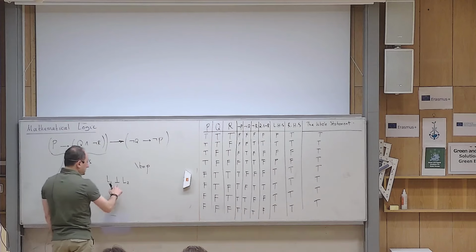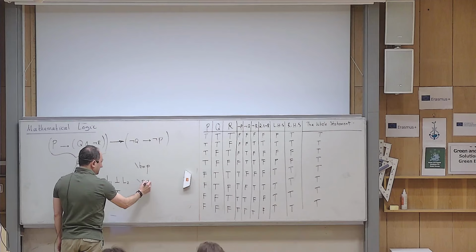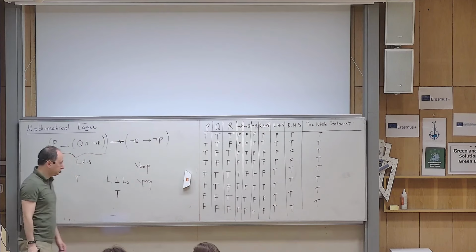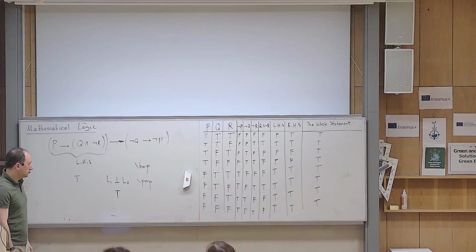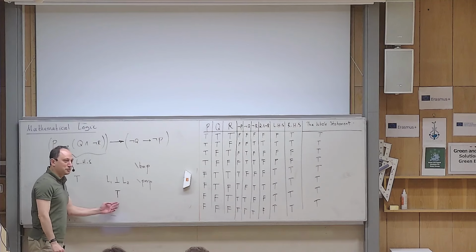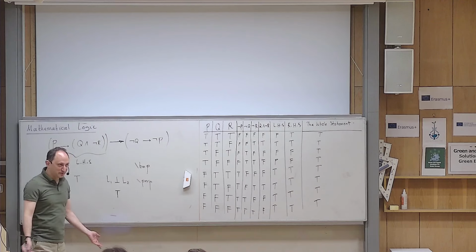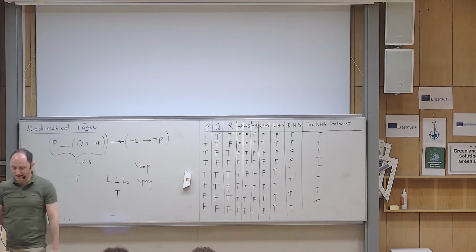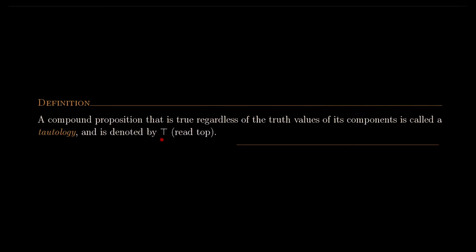This one in LaTeX is \perp, meaning perpendicular. But when I write it by hand it is not recognizable, so we can take it as a T. So that's the meaning of a tautology. Read it as top.